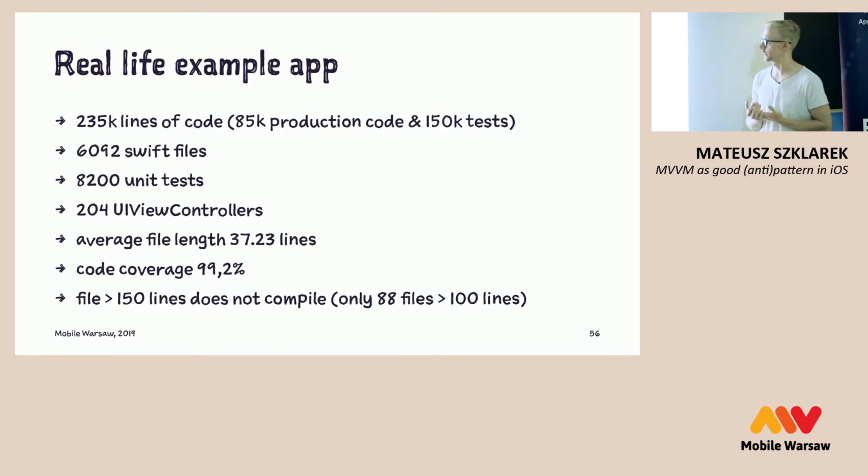We had there 200,035 lines of code, over 6,000 Swift files, 8,200 unit tests, 204 view controllers. Average file length was 35 lines per file. Code coverage was 99%, and a file over 150 lines does not compile. Only 88 files over 100 lines.